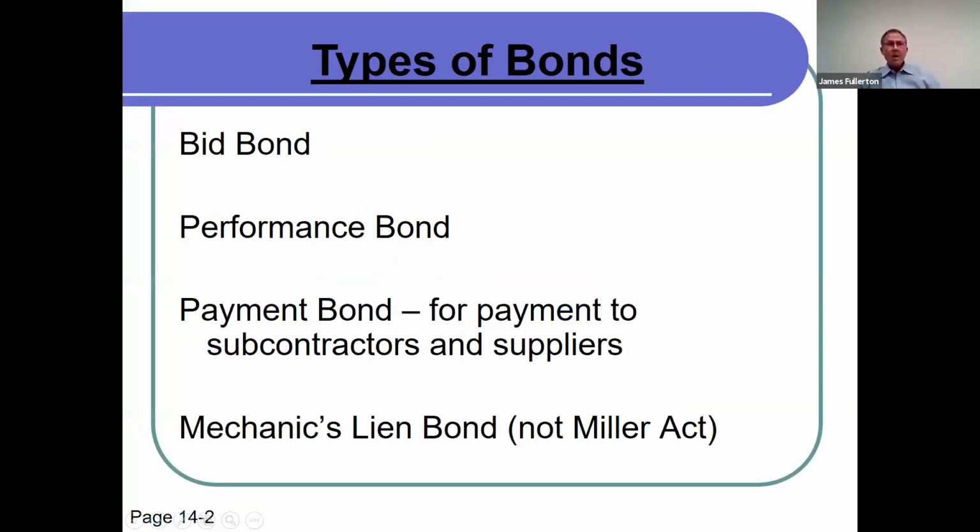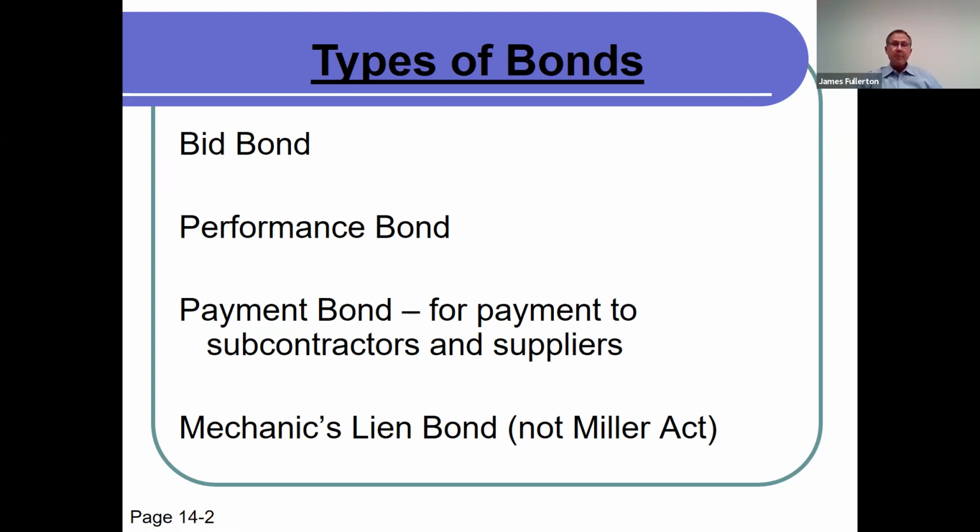Okay, there are various types of bonds: bid bond, performance bond, payment bond. We're here today to talk about payment bonds that ensure that suppliers and contractors are paid on public projects. A general contractor is also required to supply a performance bond. That's very important, as between the owner and the general contractor.